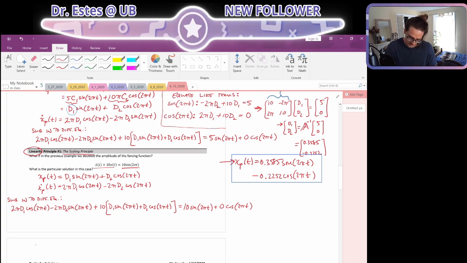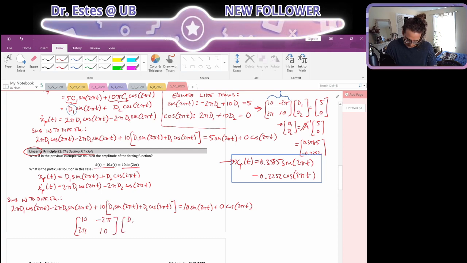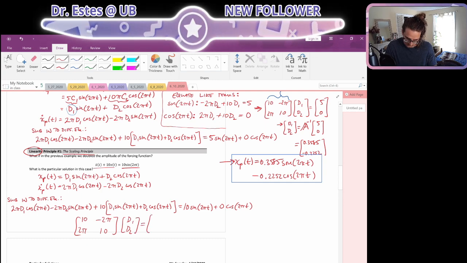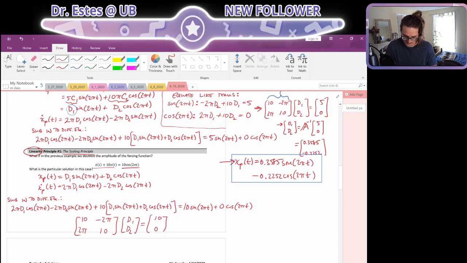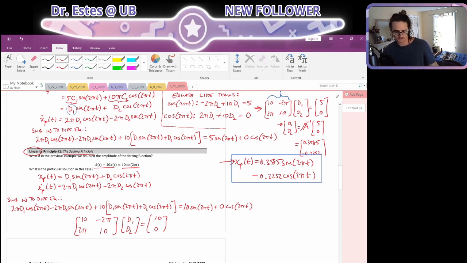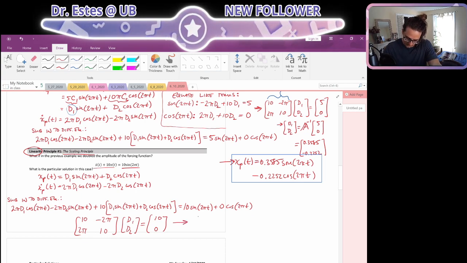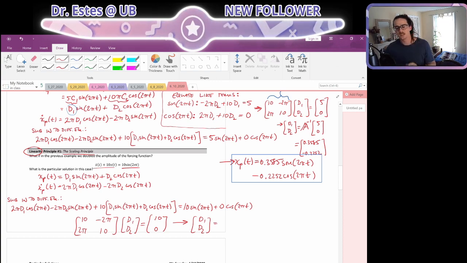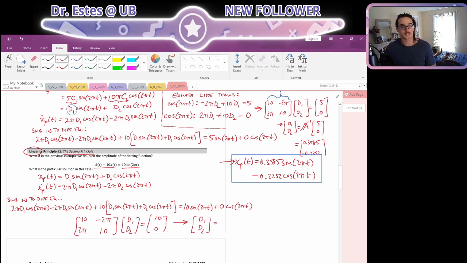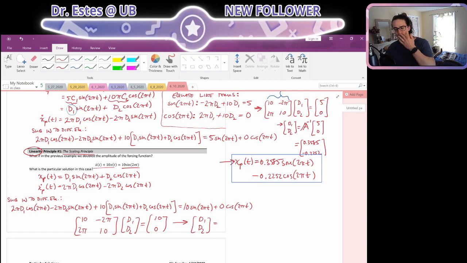So when we solve for d1 and d2, we'll get that same matrix as before. The only difference is we're going to have 10 and 0 instead of 5 and 0. And once again, I'm going to go into MATLAB and just calculate this again.